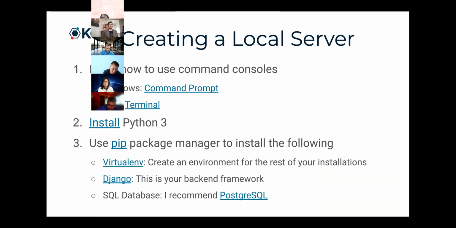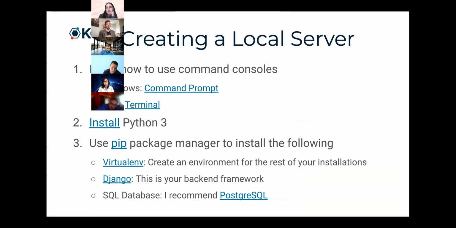So creating a local server, this is the biggest barrier, I think, to really doing back end during a class like this. I think you all saw that just installing Git was a little bit of a struggle. So this is just another one of those things that you'd have to figure out on your own because there's no single way to do it.